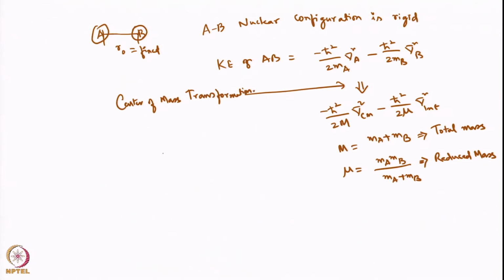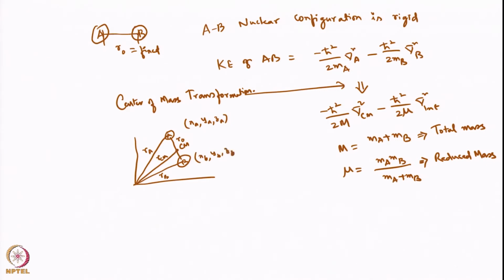One can think of it like this: if you have an axis, A, B, and distance is R A, this is R B, you can have center of mass somewhere here, which I will call R center of mass, and then there is R naught, which is the distance between A and B. If the coordinates of A are x A, y A, z A, and coordinates of B are x B, y B, z B, then R naught is equal to square root of x A minus x B whole square plus y A minus y B whole square plus z A minus z B whole square.